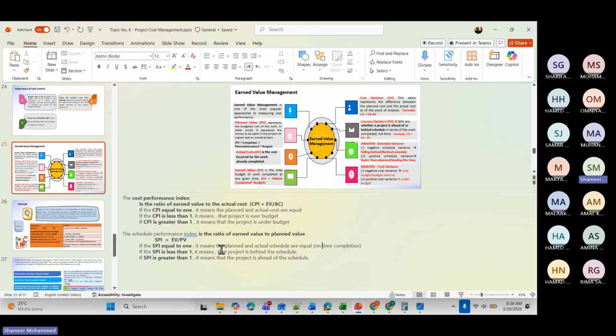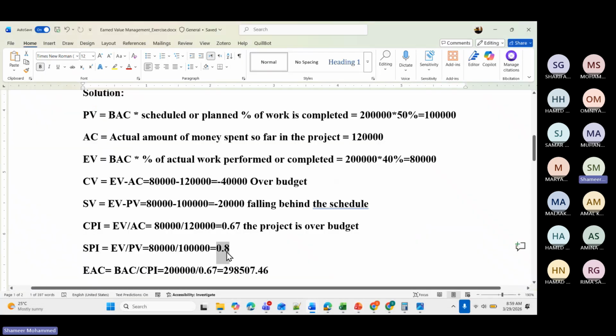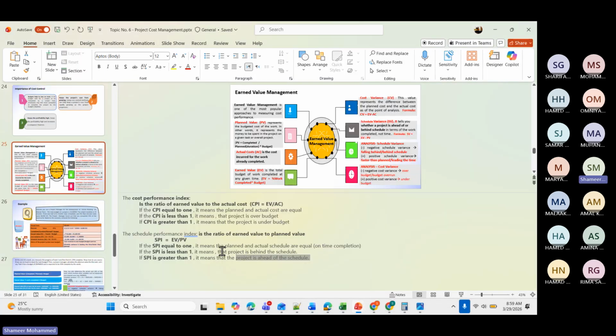If it is less than 1, the project is behind the schedule. If it is greater than 1, the project is ahead of the schedule. Now what answer have you got here? 0.8. That means less than 1, so the project is behind the schedule.